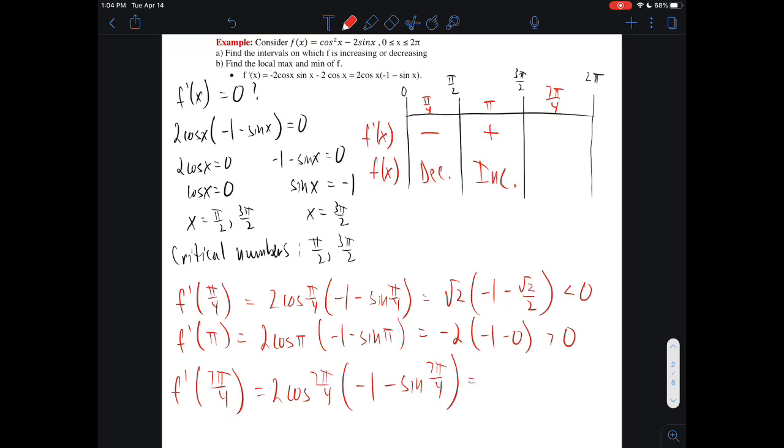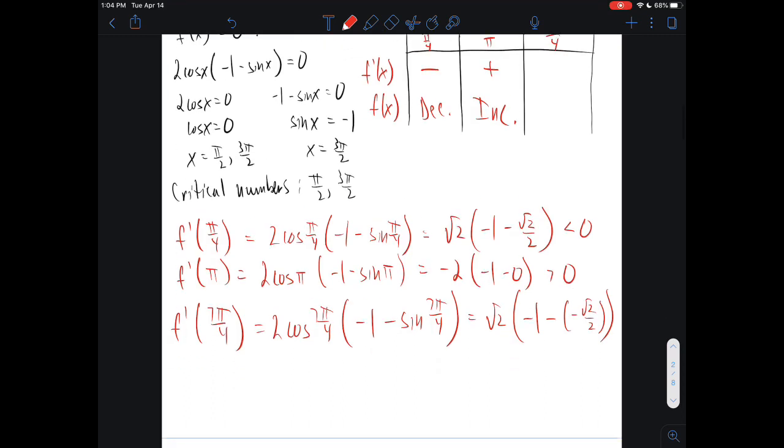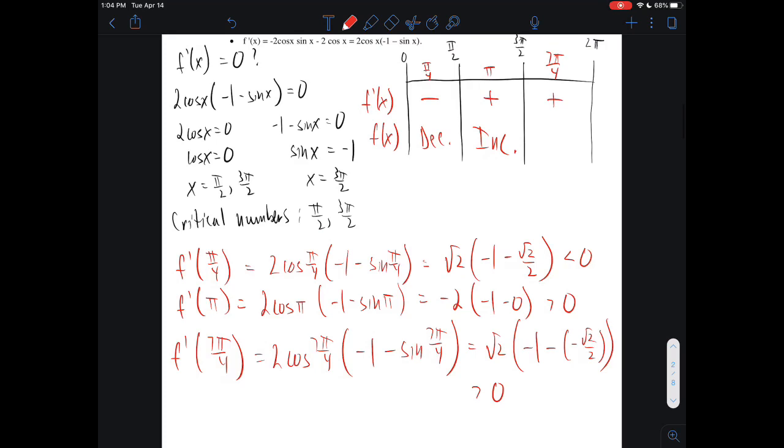So this turns into square root of 2 times negative 1 minus negative square root of 2 over 2, which is negative 1 plus square root of 2 over 2. And square root of 2 over 2 is greater than 1, so this is going to turn into a positive times a positive, which is greater than 0. So I could still have increasing on that interval.